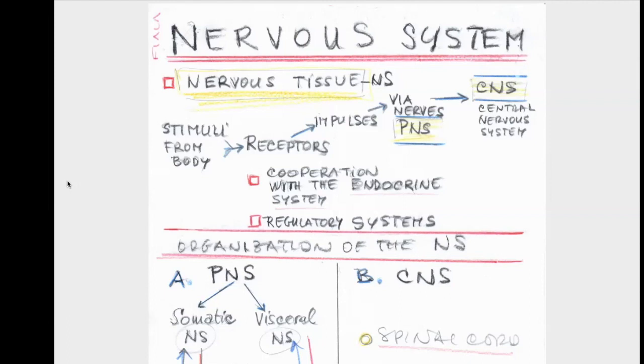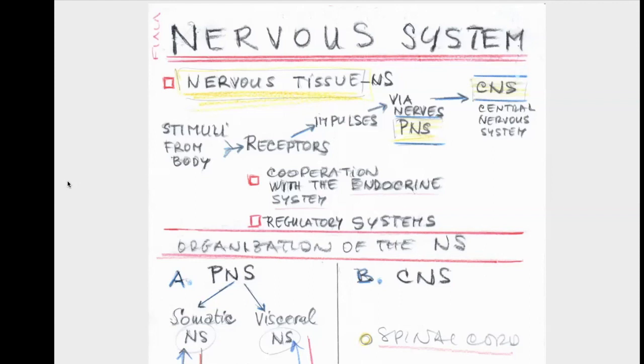But we can start now with the nervous system in some technical aspects and limitations. As you see on the first page, the nervous system consists of nervous tissues, and typical for them is the fact that the nervous system receives the stimuli from the body.